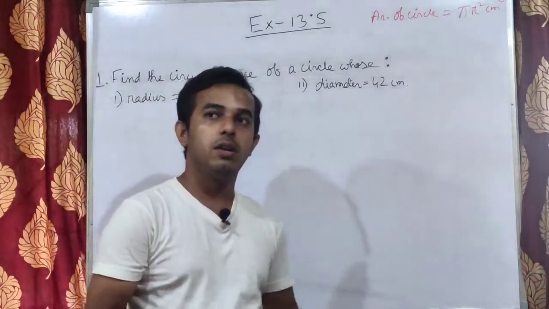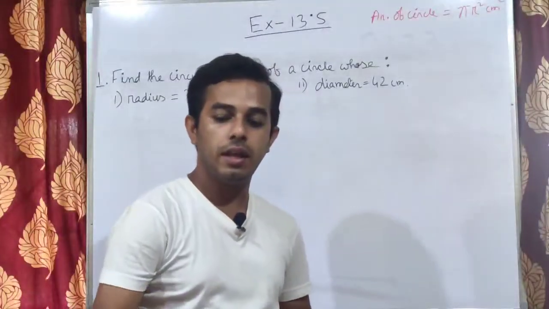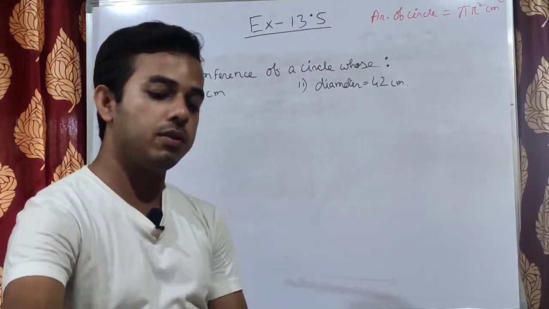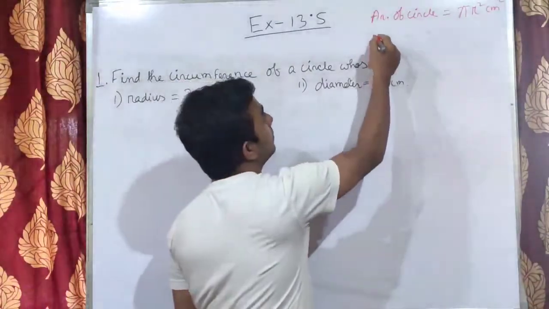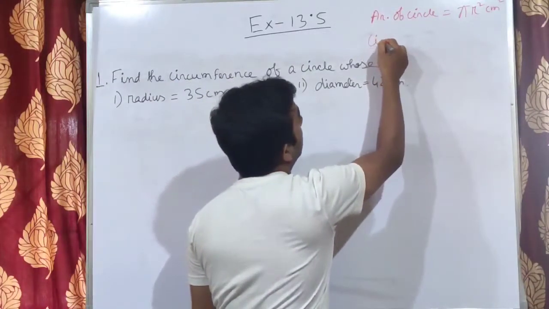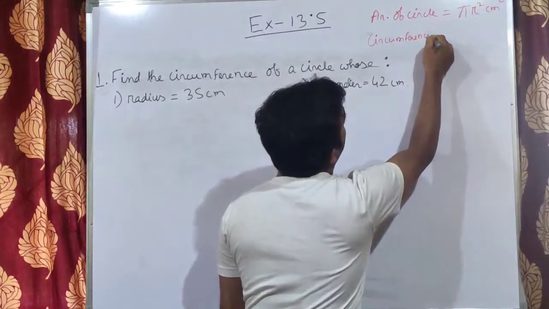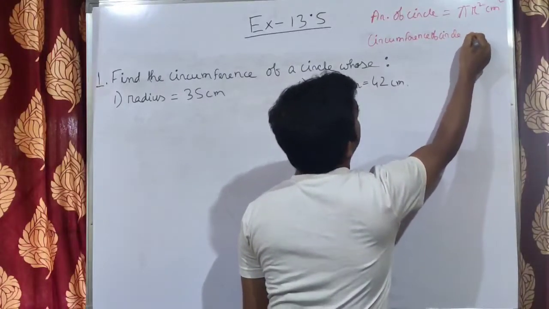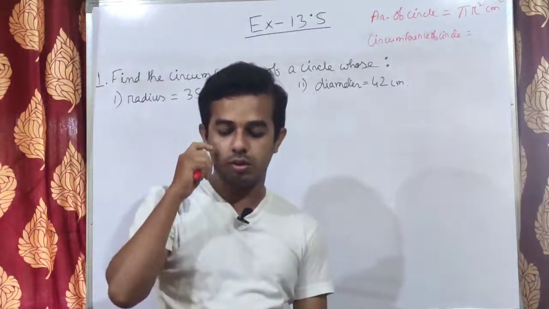Then what is circumference? Circumference was what? Perimeter, right? Length of the boundary of the circle, right? So circumference of circle formula, I told you two, right?